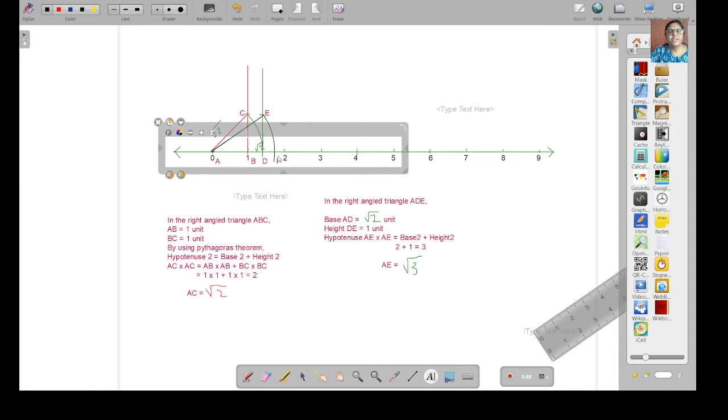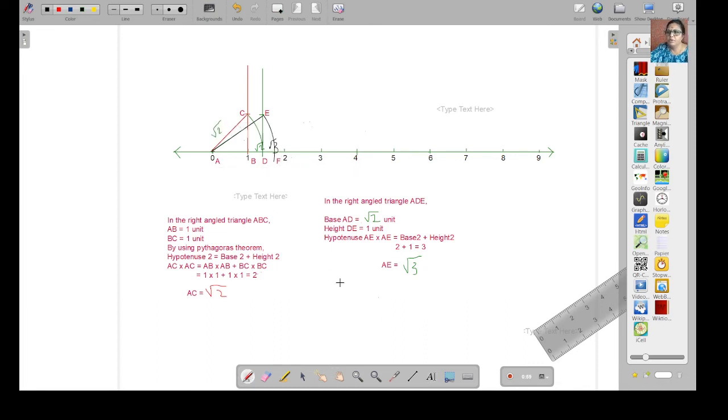Mark that point as F. Now AF is equal to root 3 units. So this is the way you have to draw root 2 and root 3 on the number line. If you want to draw root 5 on the number line, you have to start from 2.